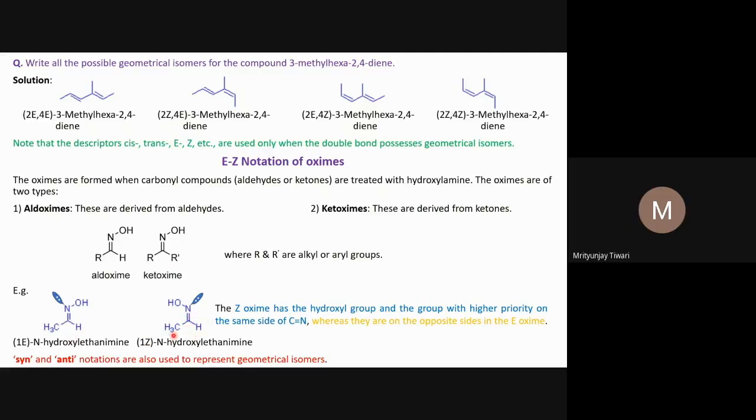And this is the Z form. The bulkier or heavier group, the higher priority group, carbon and hydrogen, is on this part. And this OH group is always considered the higher priority group with respect to the lone pair.